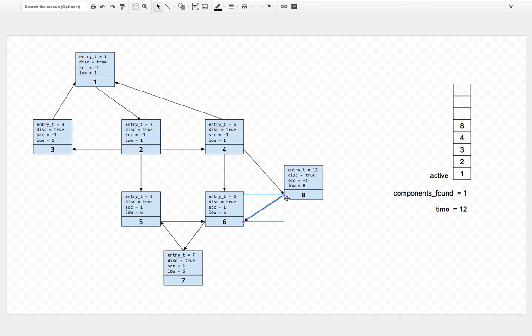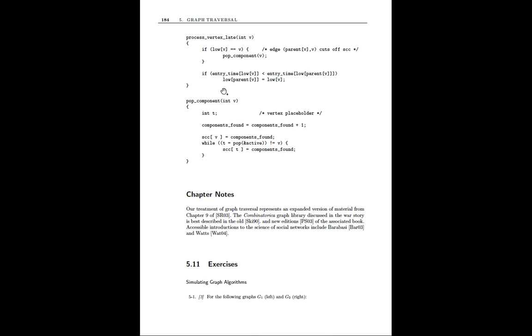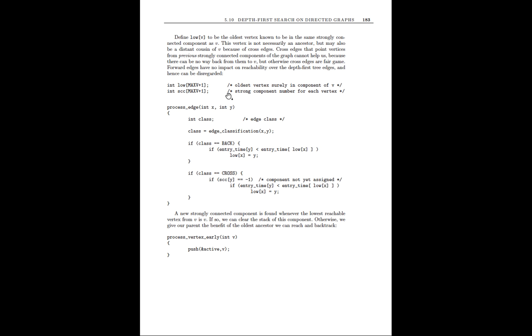So because it is pointing to an already discovered vertex that is not a direct ancestor of vertex 8 from which it comes, we mark edge 8, 6 as a cross edge. Then we go to check to see what we should do for processing a cross edge. Interesting. If class equals cross, if strongly connected component of y, which is what the edge is pointing to, is equal to -1, we're going to do some stuff.